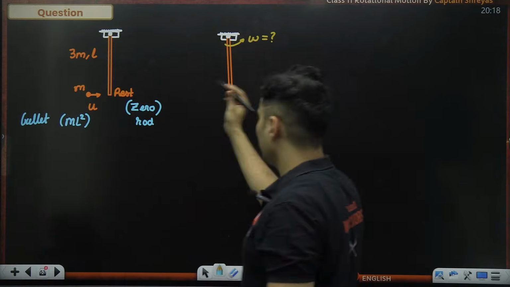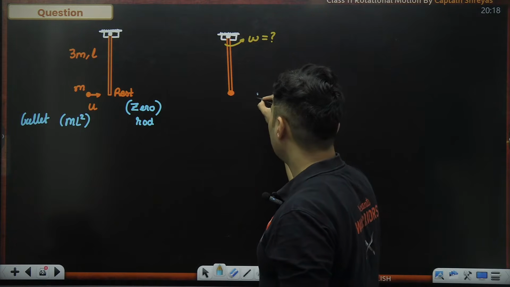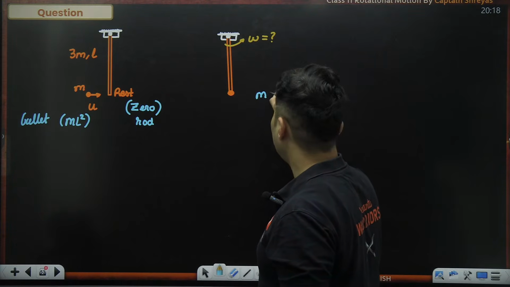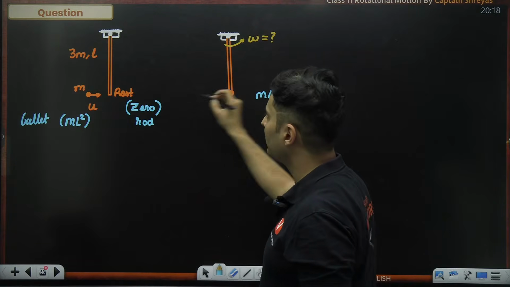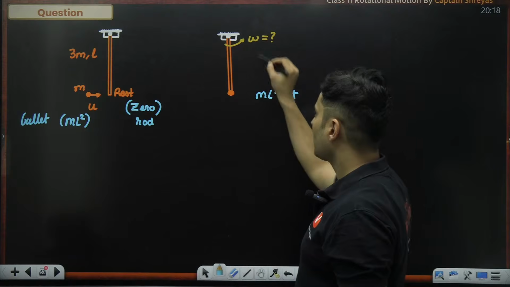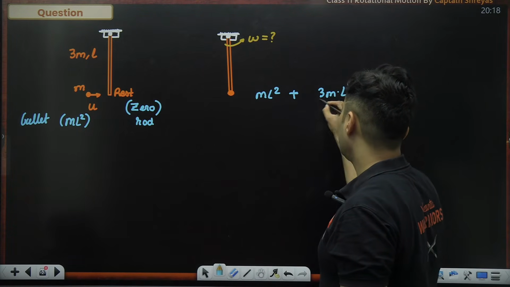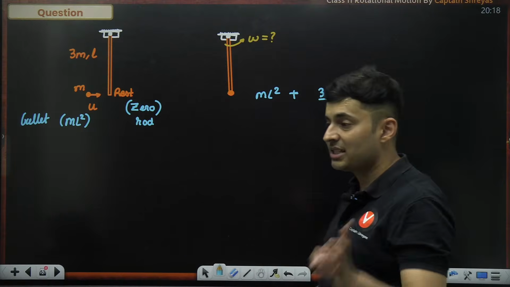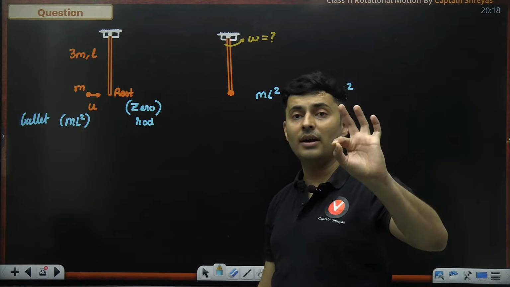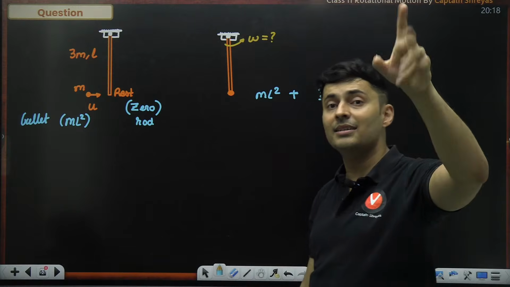But when both of them stick to each other and move as a combined mass, it will be m into L square for the bullet, plus for the rod, with mass 3m, it will be 3m L square divided by 3. Remember, mL square by 3 is for a rod pivoted at the end; at the center it is by 12, at the end it is by 3.